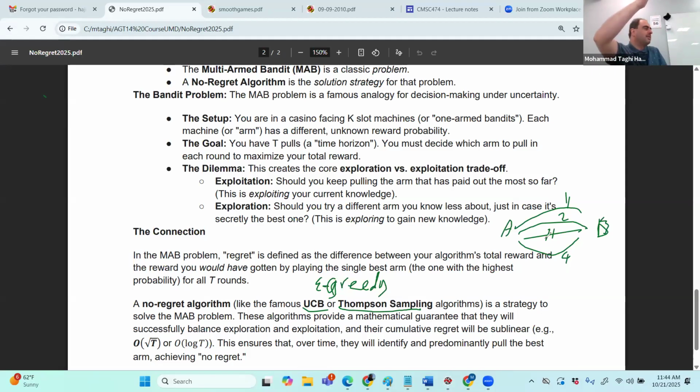According to these weights, you select one of them, because the weights give you a probability distribution, the weight of each arm over the sum of the weights. According to that, you select the next one.